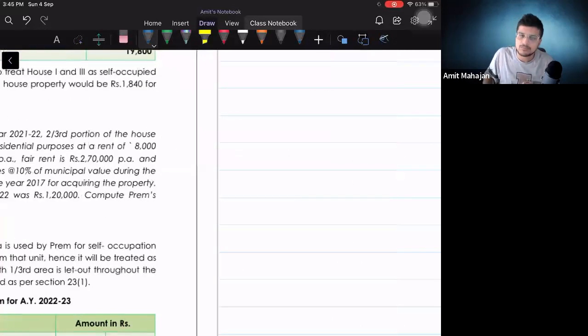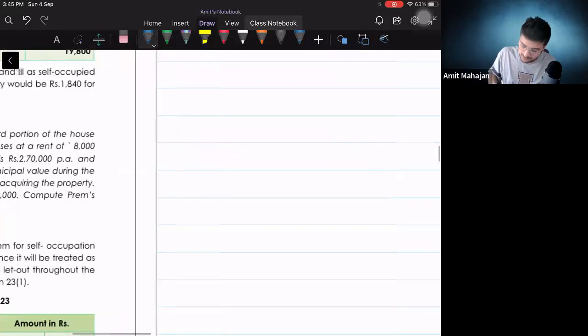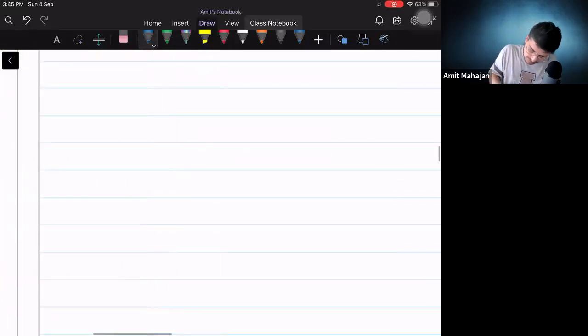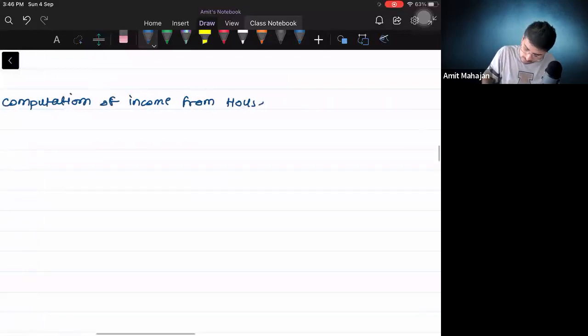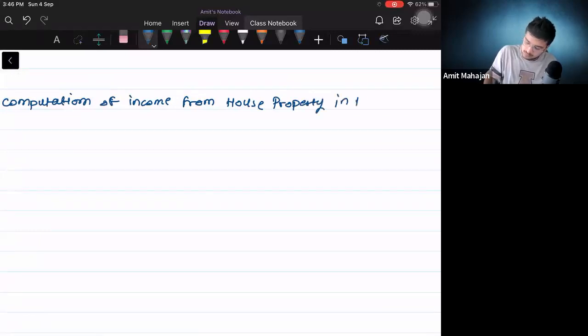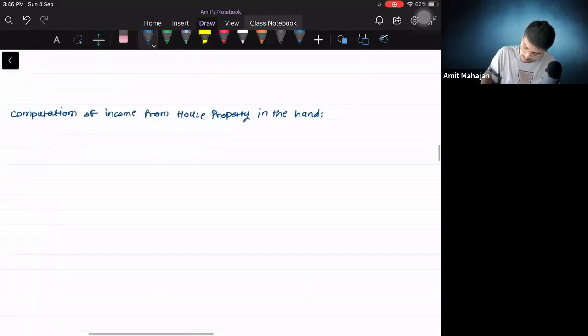Computation of income from house property in the hands of Mr. Prem. For financial year 21-22.